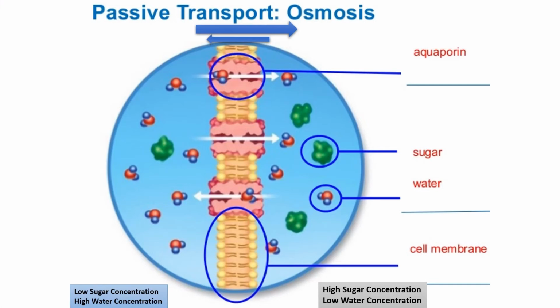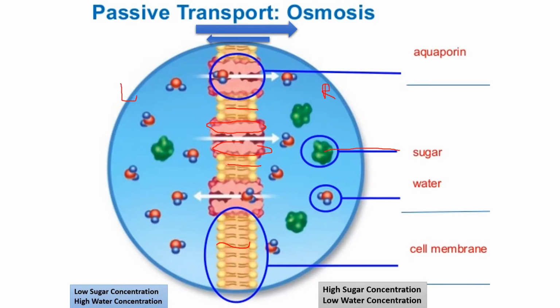The same is shown in here. This is just a phospholipid bilayer, this is the membrane. This pink is our aquaporin channels, and water can move freely, passively. And in here, green is the sugar molecules. On the right, we have a high concentration of sugar.